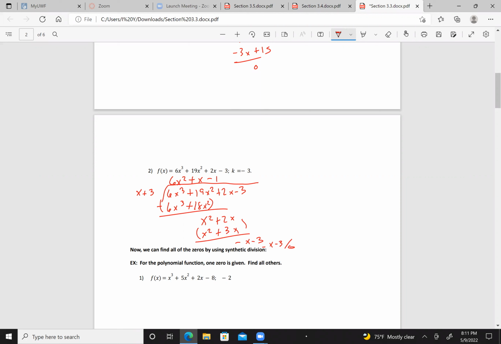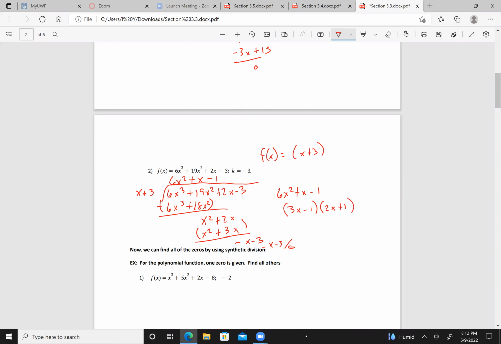So my first factor is x plus 3, and I'm left with 6x squared plus x minus 1, which is what? 3x minus 1 times 2x plus 1.